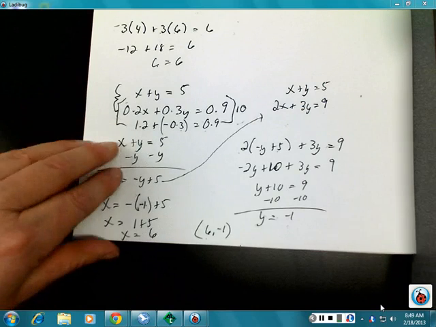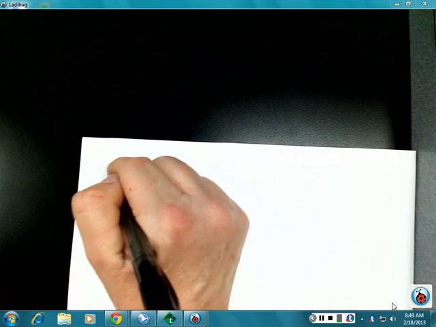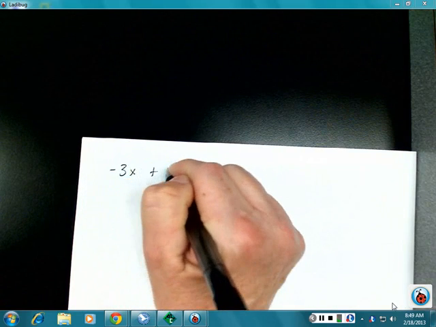They also show you ones that have fractions in them. They don't give you many. I think when I did my certification, I only had one that popped up. They have a tendency to give you more that have decimals in them than fractions. But one that might show up is something like this.